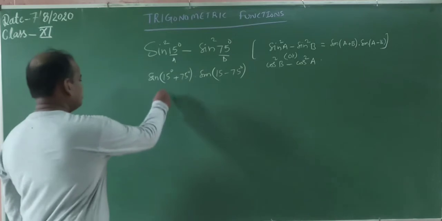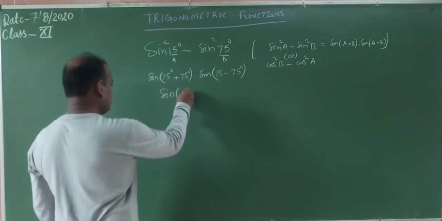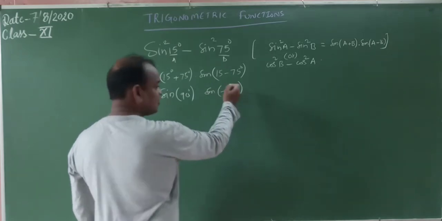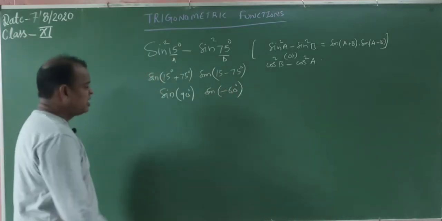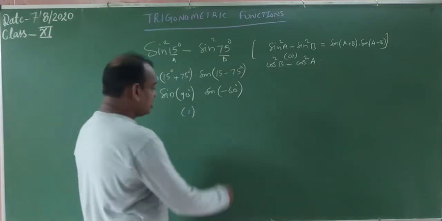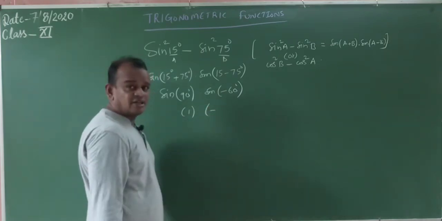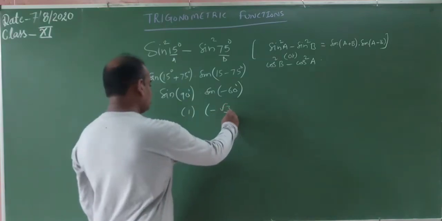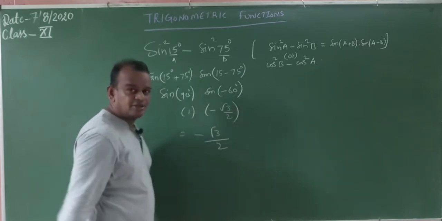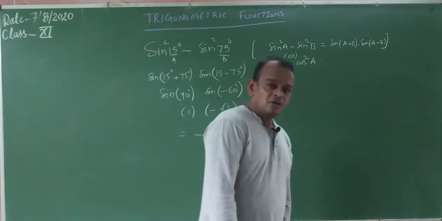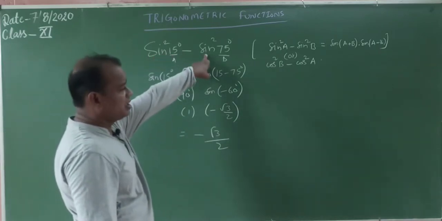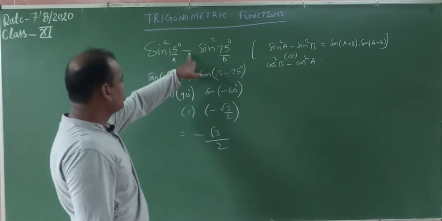Now 15 plus 75 is sin 90 degrees into sin of minus 60 degrees. Sin 90 is equal to 1. Sin of minus theta is minus sin theta, and sin 60 is root 3 by 2. That is equal to minus root 3 by 2.